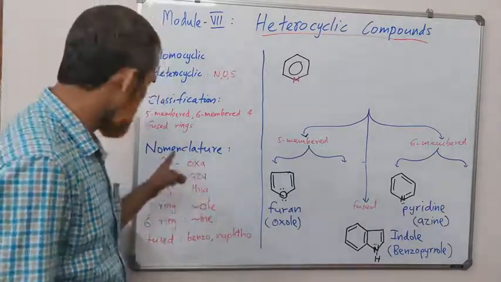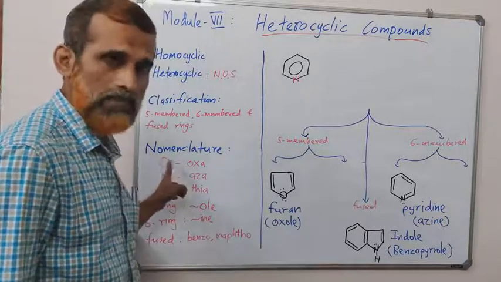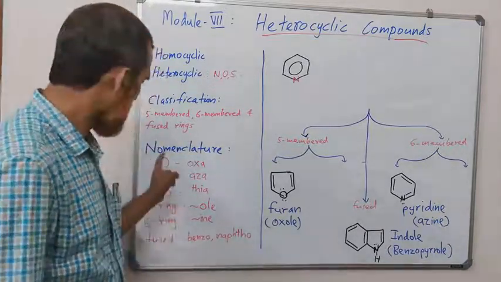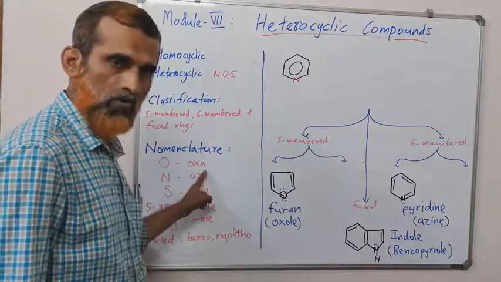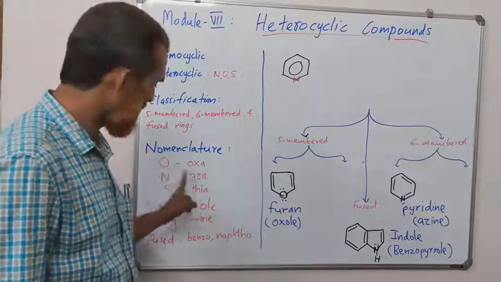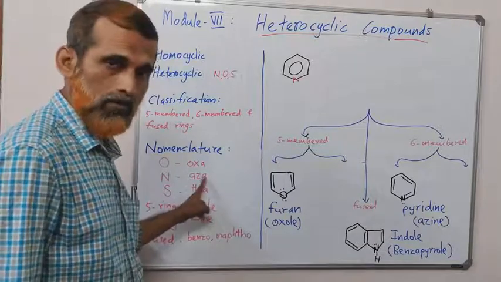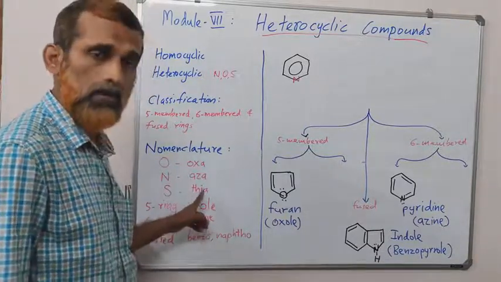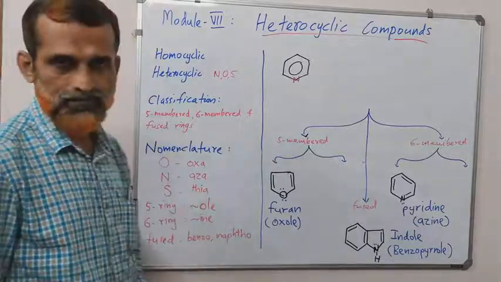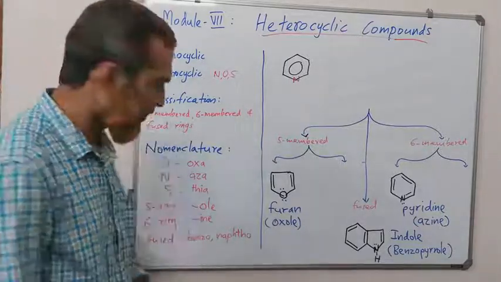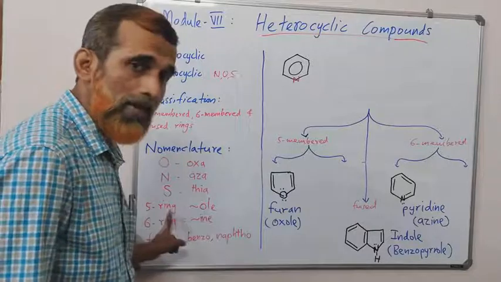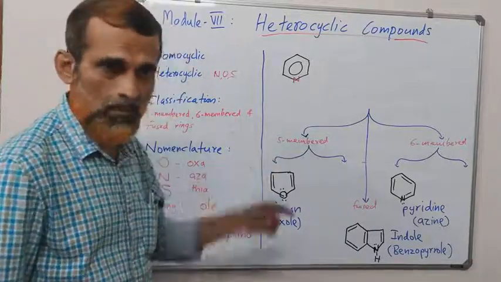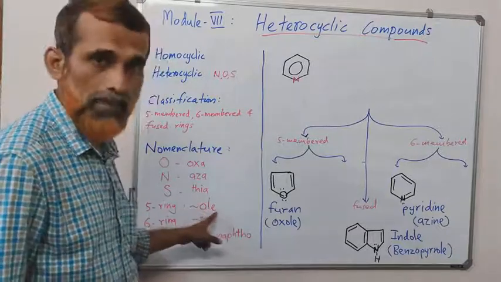One is that for the heteroatoms like oxygen, nitrogen, and sulfur, we use the terms oxa for oxygen, aza for nitrogen, and thia for sulfur. Then point 2, when it is a 5-membered ring, the suffix is ole, O-L-E.